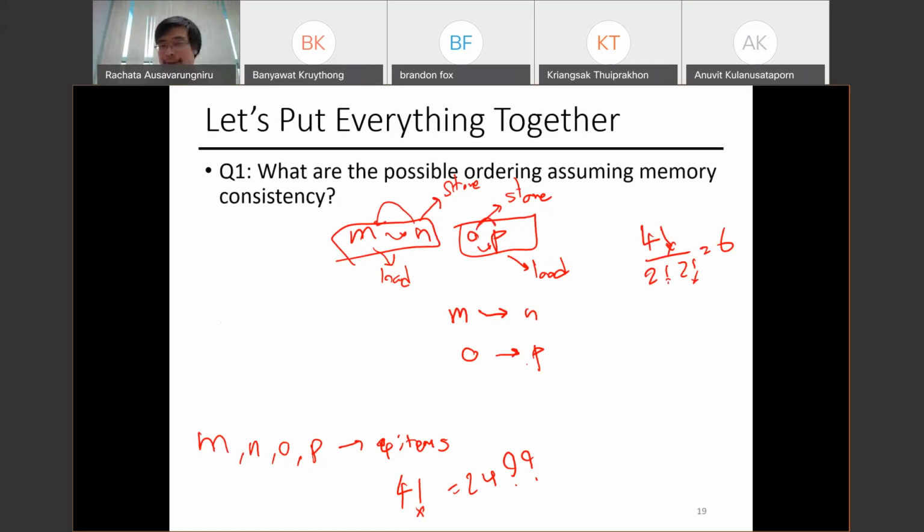My first question, I guess question 1A: is this ordering legit? I see M, O, N, P. Is this okay or is it not okay?